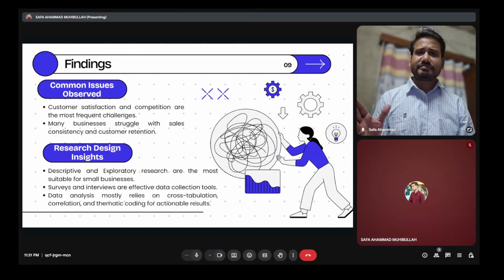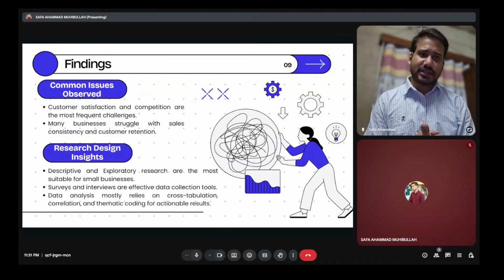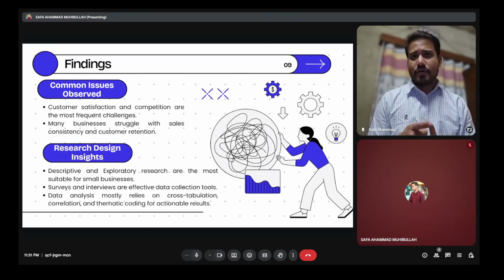So I have reviewed all the 20 business problems, all those 20 cases. I noticed some common patterns. Most businesses struggle with customer satisfaction and competition, which are the most frequent challenges, and also pricing and low repeat purchases.